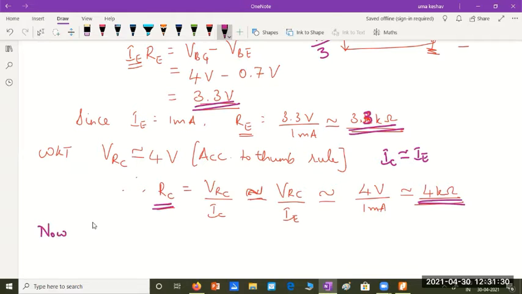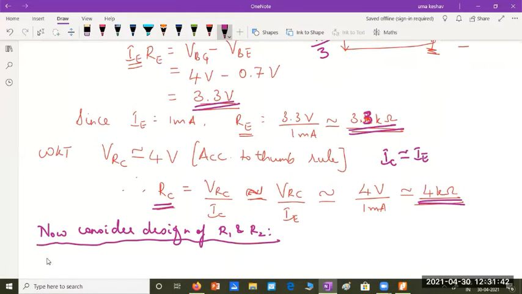Now consider the design of R1 and R2. Let's say design 1.